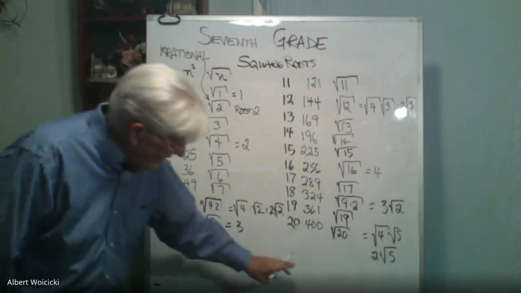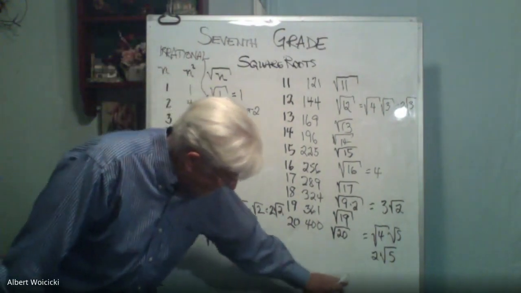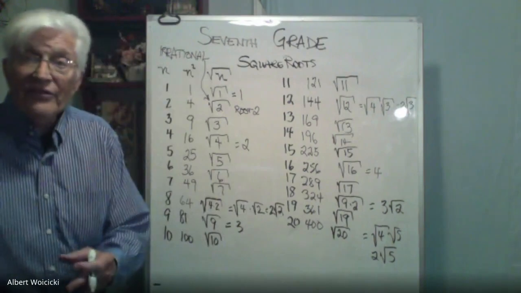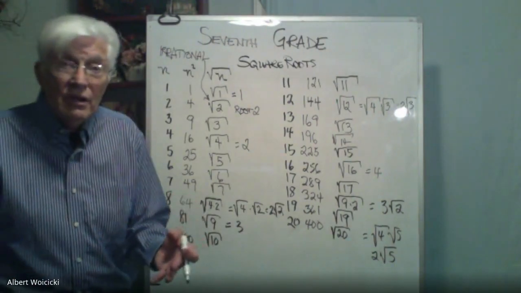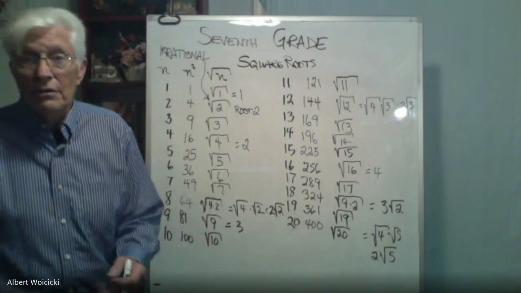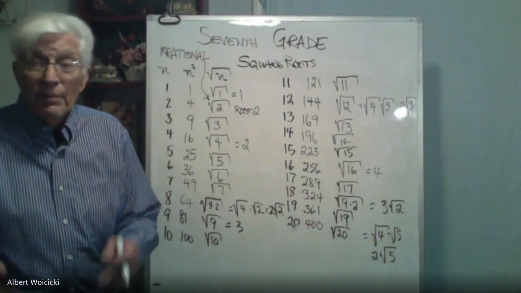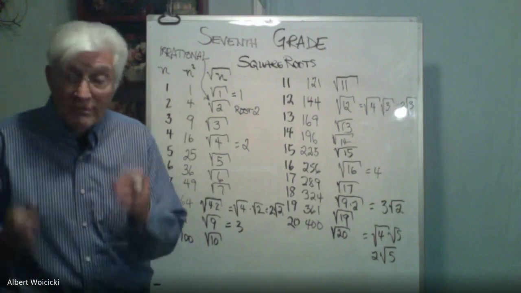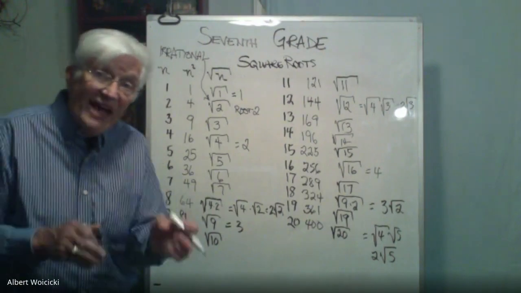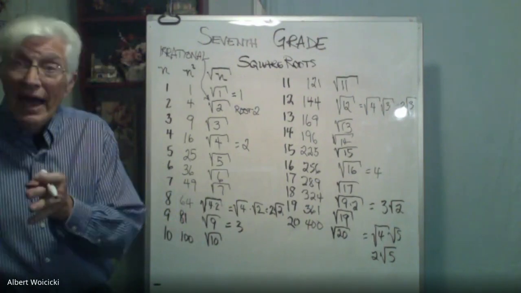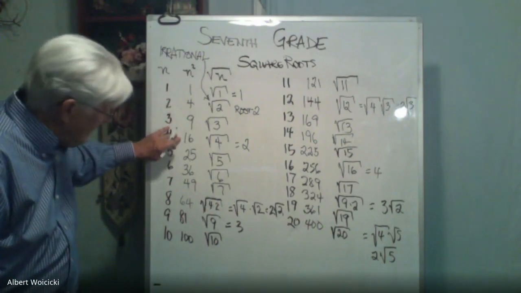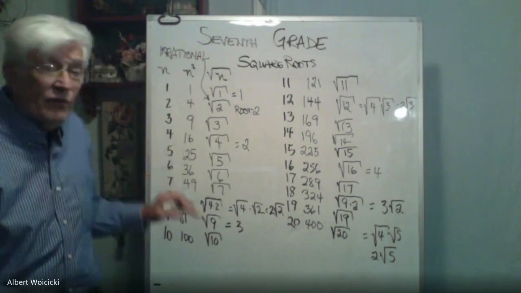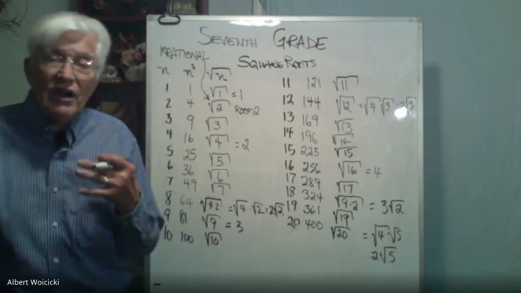So when we finally get to 25, that's going to be 5, and that's going to be rational. But everything else is going to be irrational. But we've got to look for numbers that have factors that are perfect squares: 4, 9, 16, 25. Those are the ones that are the easiest to come up with.